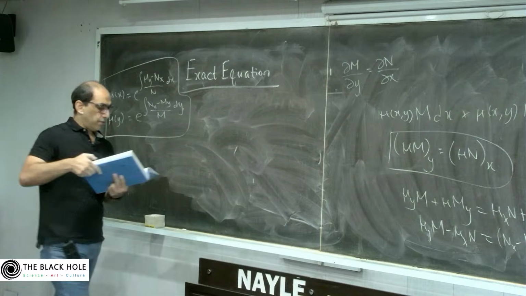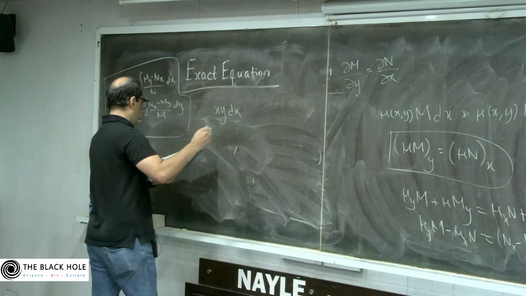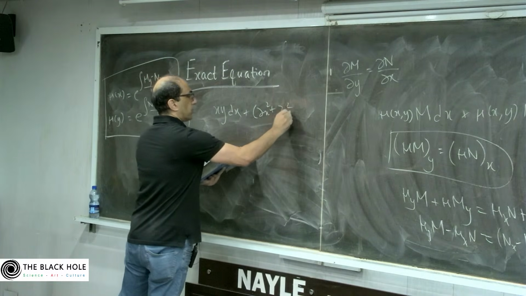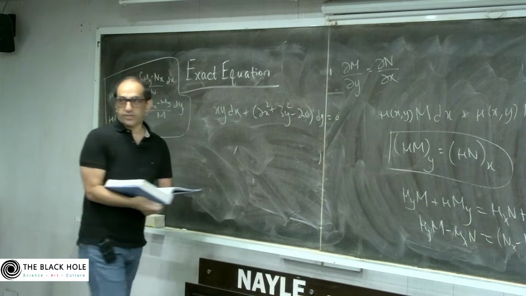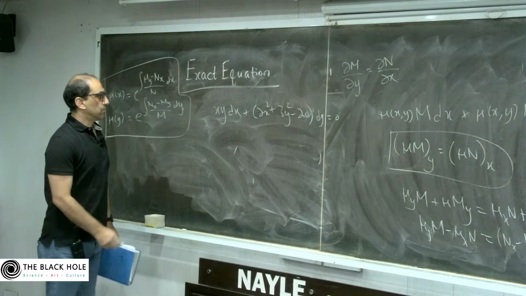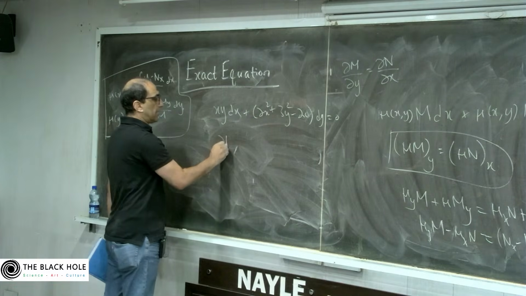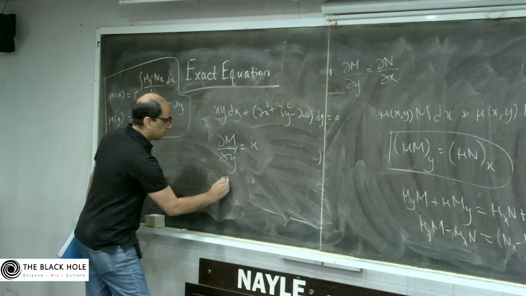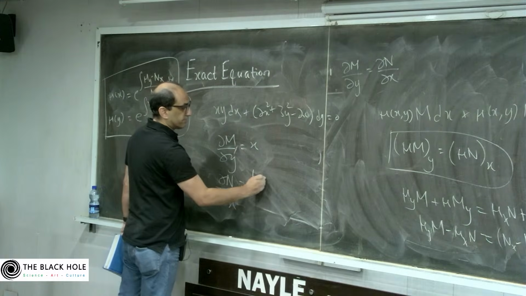So first things first, you have been given xy dx plus (2x square plus 3y squared minus 20) dy is equal to 0. So first you check it for exactness. This is m. So curly m over curly y, what is it? And 4x.